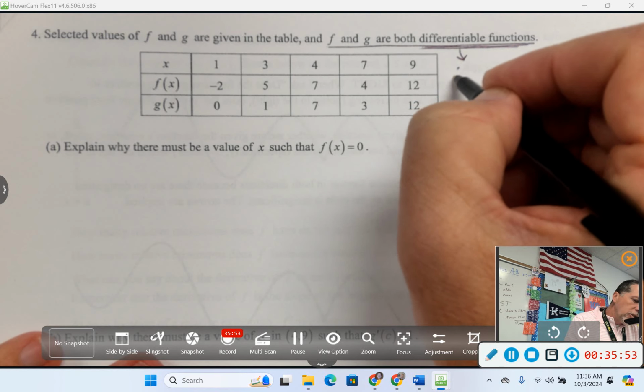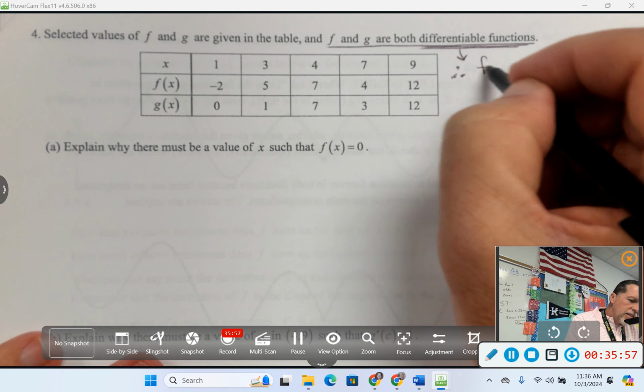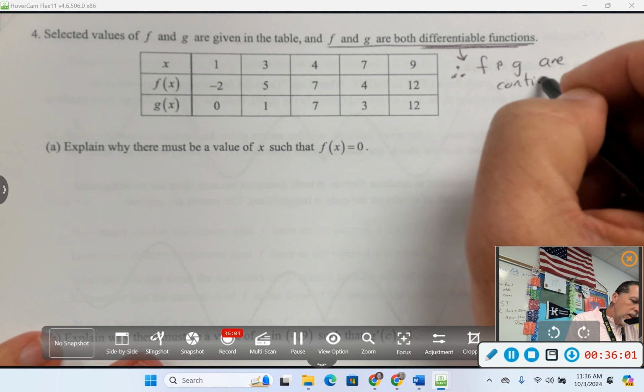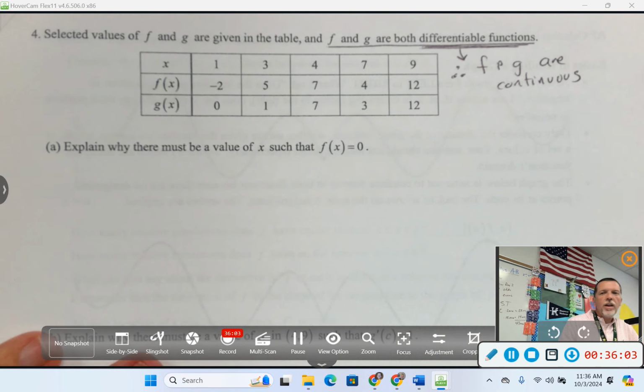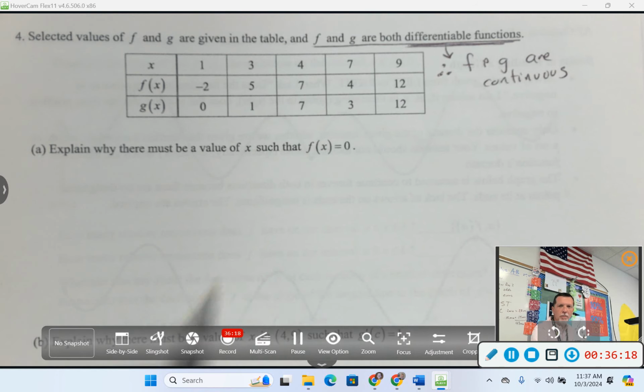If they're differentiable, what else does that tell us? That means f and g are continuous. So I'm definitely set up for MVT over any range. If they're always continuous and always differentiable, then I don't have anything to worry about. So I can jump straight to calc slope equals algebra slope and figure some things out in here.